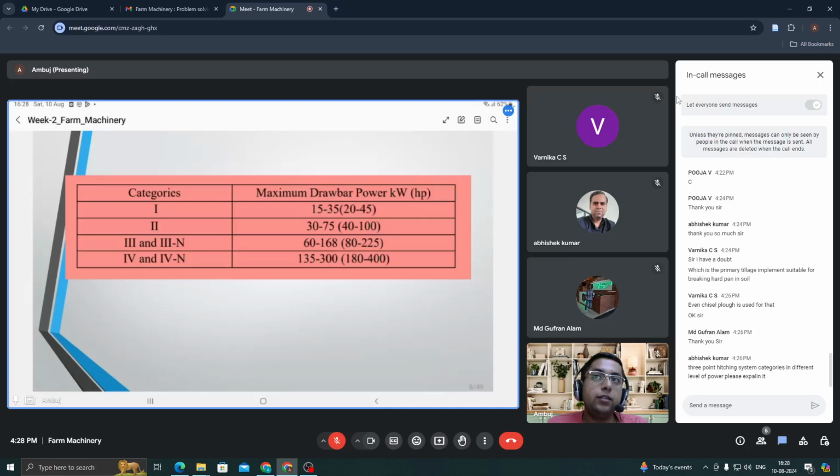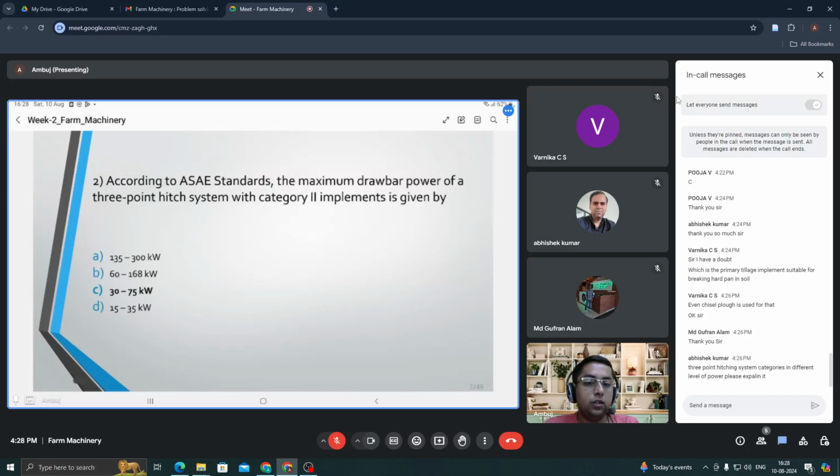In the second category, it is 30 to 75. In the third category, it is 60 to 168. And in the fourth category, it is 135 to 300. This is the distribution of the different categories of the three-point hitch system with respect to power.